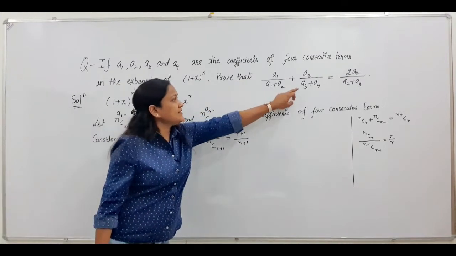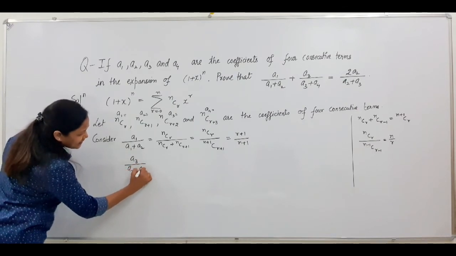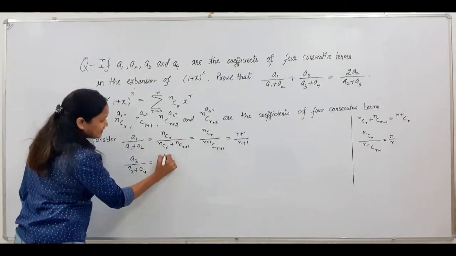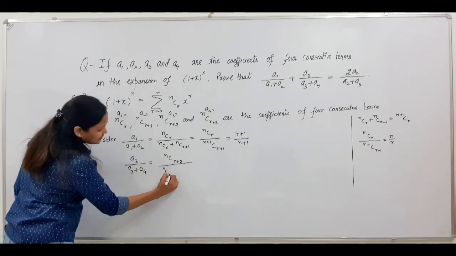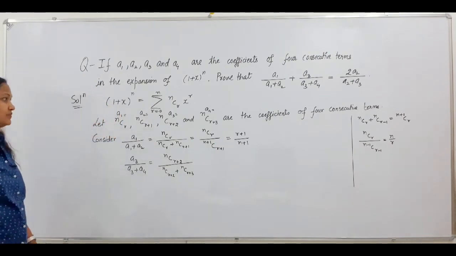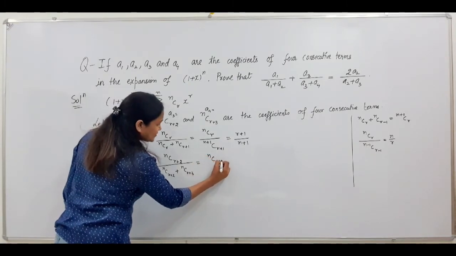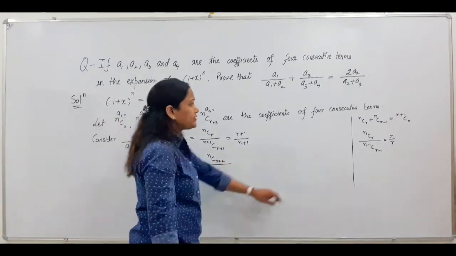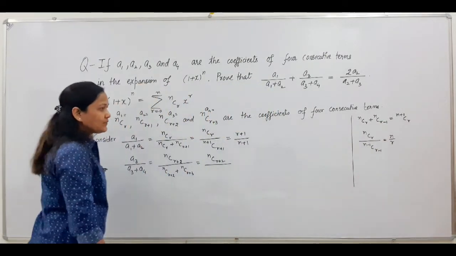Similarly, let us consider your second expression, that is A3 upon A3 plus A4, and this will be equals to, what is A3? A3 is nC(r plus 2) upon nC(r plus 2) plus nC(r plus 3), and by using this formula, nCr plus nC(r minus 1) will be equals to (n plus 1)Cr.